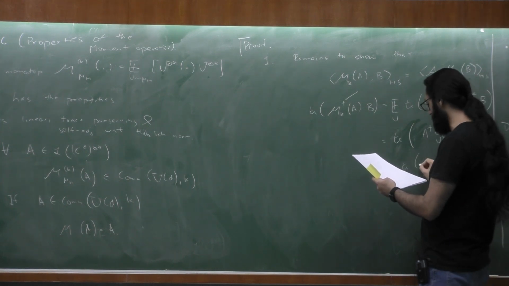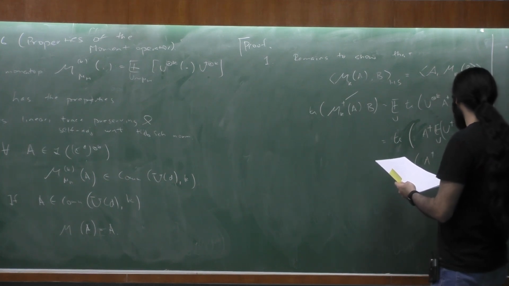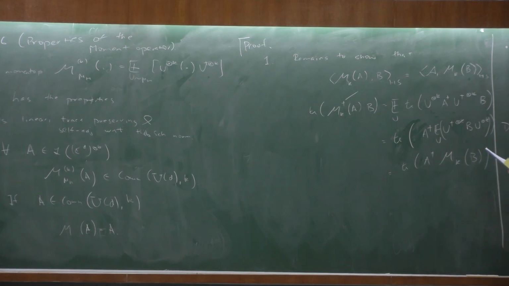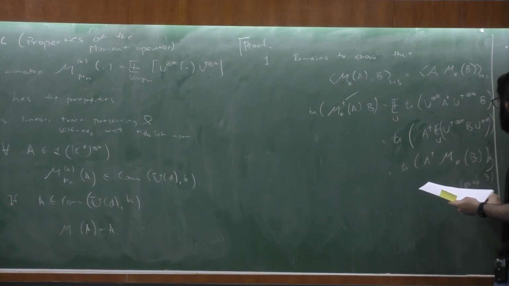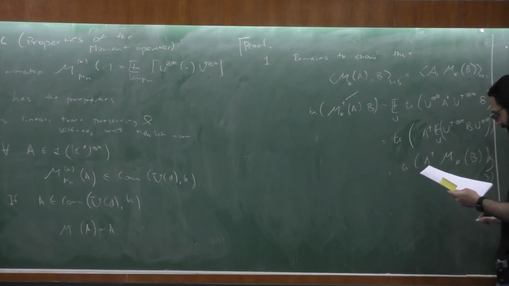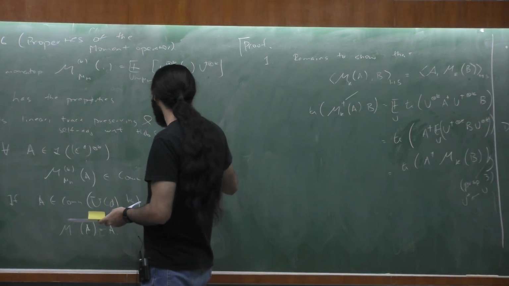Then this is the trace of A dagger and M acting on B. We also use the property that you can swap U dagger with U, which we proved in the proposition earlier. So in this last step we used Proposition 3, which says that U dagger and U can be swapped under the Haar measure. So that establishes the first one, and this is done.